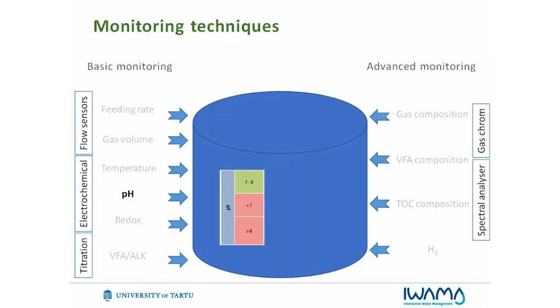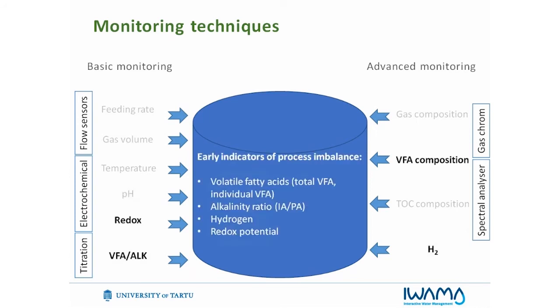It can also be a scenario of microelements lacking. And if we talk about overloading, there are different parameters, including VFA composition and the VFA to alkalinity ratio, which is also a very easy, simple analysis to evaluate the VFA content or overloading of the reactor.